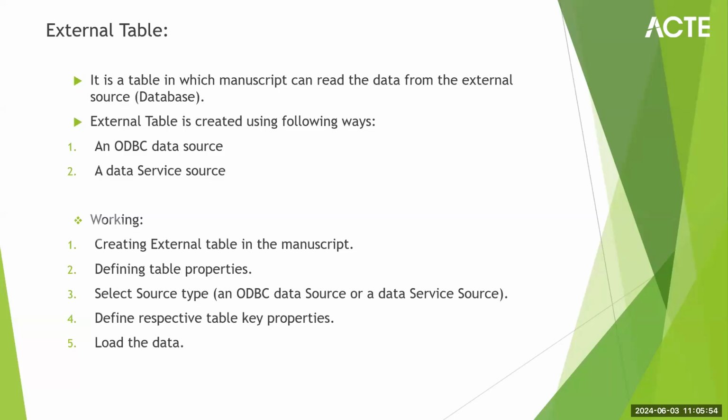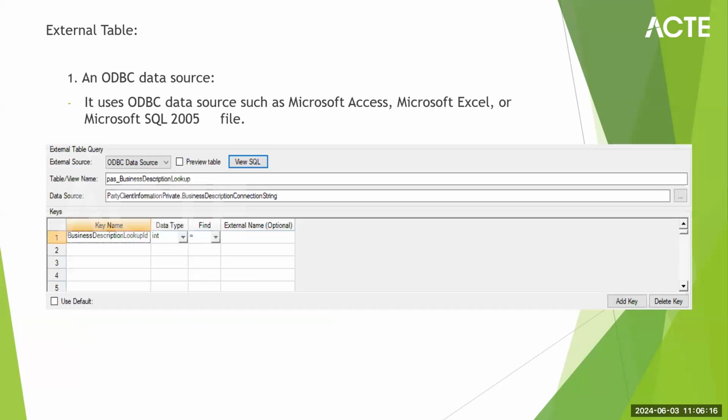How it works: create an external table in the manuscript, define table properties, and select the source type as an ODBC data source or data service source. These are the two types available while creating an external table. Define the key properties and load the data.